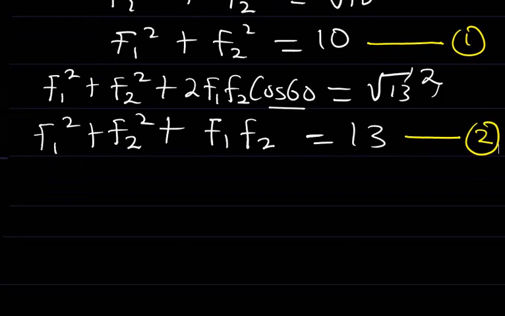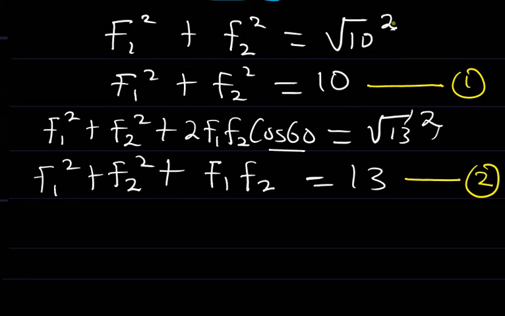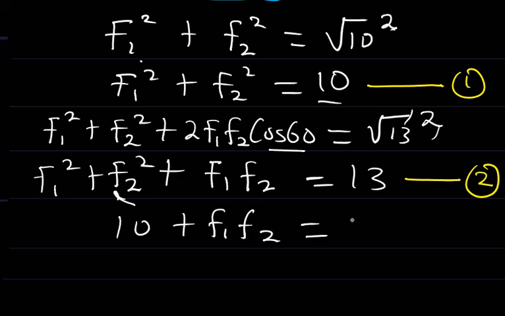So how do we combine these equations, because we are looking for F1 and F2. There's one relationship we are going to introduce. But before then, F1 square plus F2 square, as you can see, is 10. So if I bring it here, this is going to be 10 plus F1F2, which is 13.